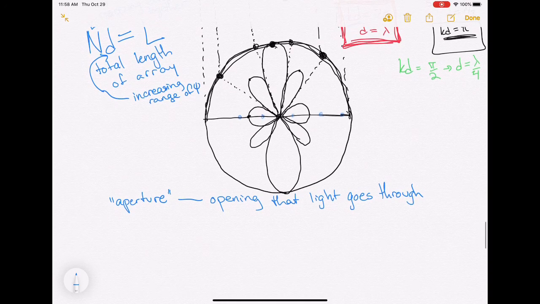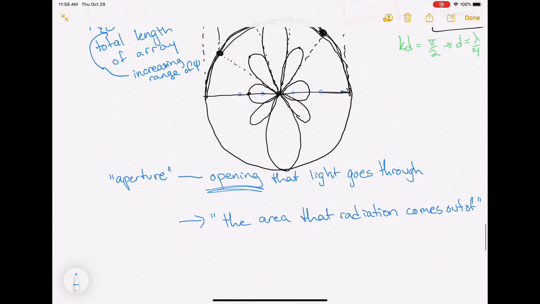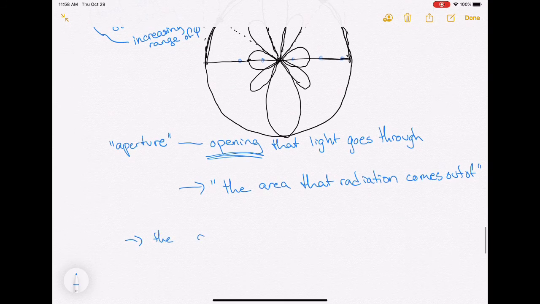But since in antenna applications there's not always a literal opening, we sort of generalize that concept to be the area that radiation comes out of. Or in an array context, the area over which the antenna elements are distributed.